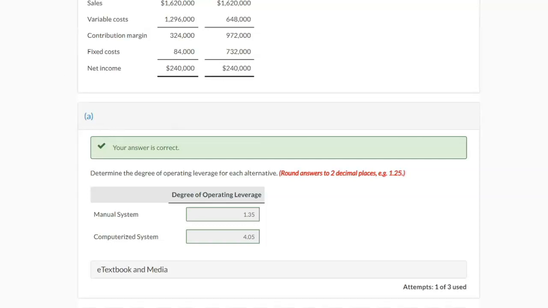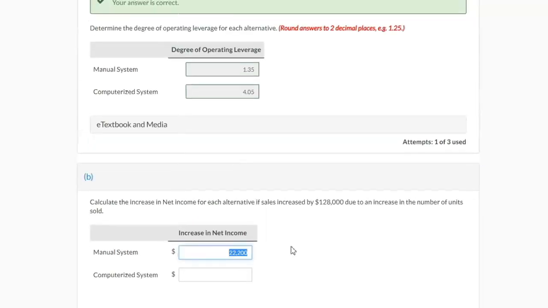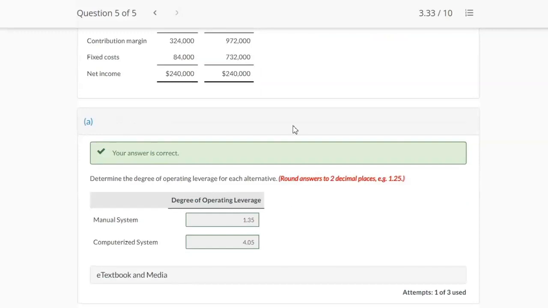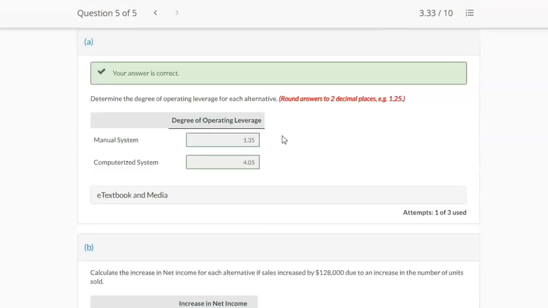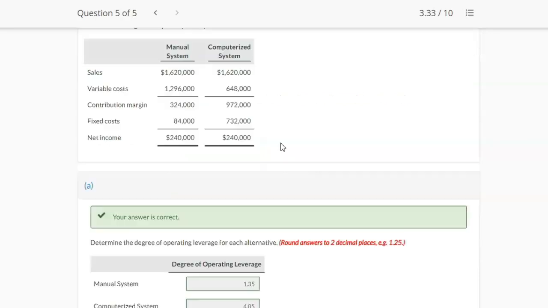Now, yeah, you probably had it right there. 22,000. What's that? No, 22,000 was not a multiplier. I did not multiply 1.079 by the manual system, which is 1.35. And then I did not times 128,000, I guess.